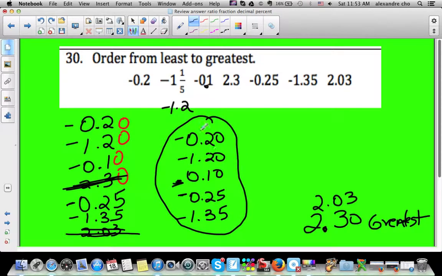So what's the biggest number in all of these? It's this one. So that's my smallest number. Remember, the bigger the number, the smaller it is when we're talking about negatives.